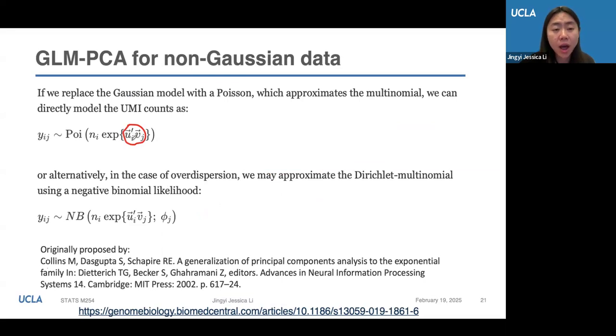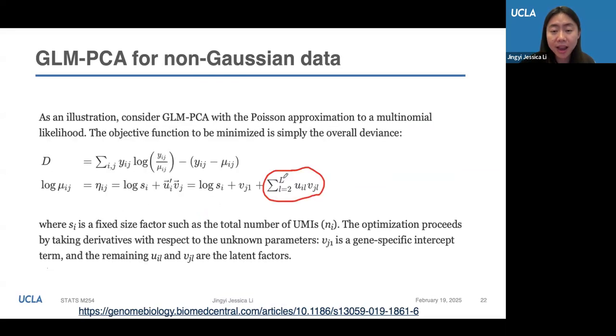So every cell I will now be represented by L elements as its L PCs. You still get the PCs for cells. And for every gene J, you will get L loadings, meaning how much does gene J contribute to each PC. So the end result is interpreted in the same way as PCA, but you are using a different modeling assumption and you don't need to transform your data to become more like Gaussian.